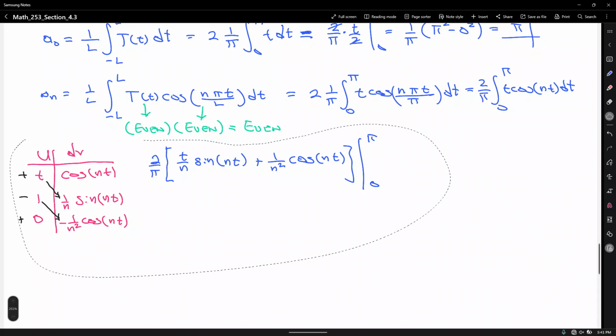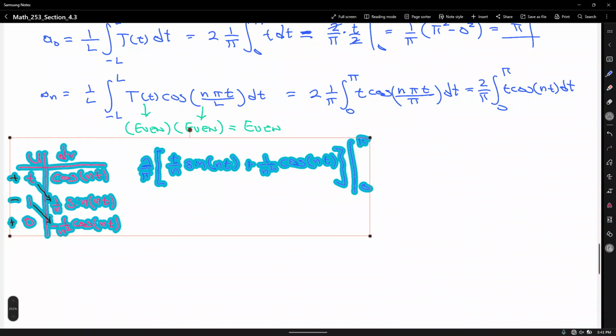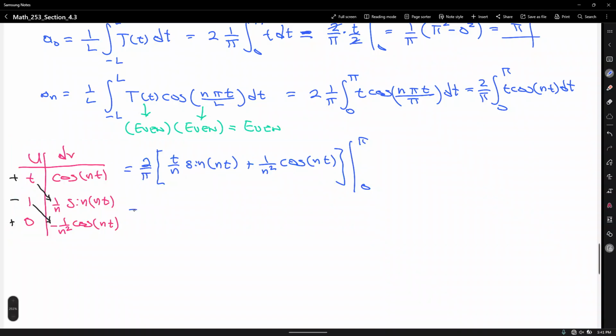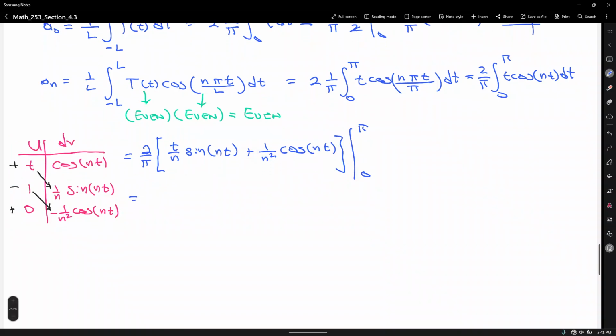Let me continue down here with the process because it's not going to fit in the same line. So this would be equal to, okay, I'm going to use a bunch of grouping symbols here. That's 2 over pi, curly braces, brackets for the evaluation at the upper limit of pi. That'll be t, which is pi, pi over n sine of n pi, plus 1 over n squared cosine of n pi, right?